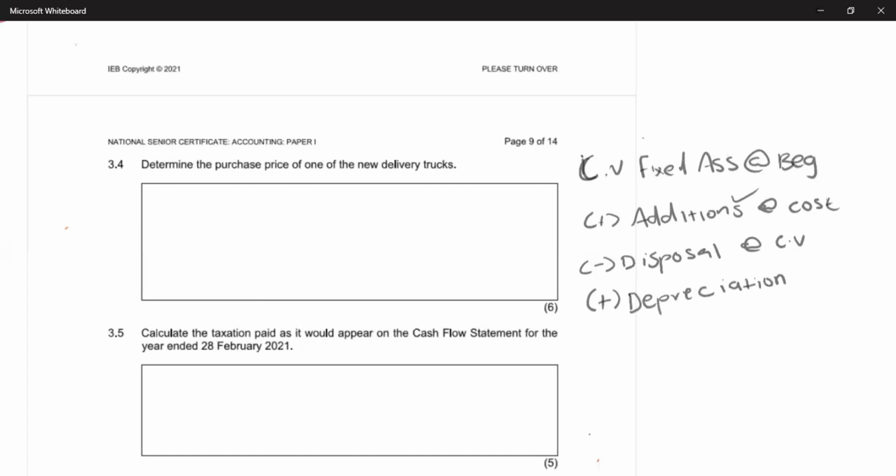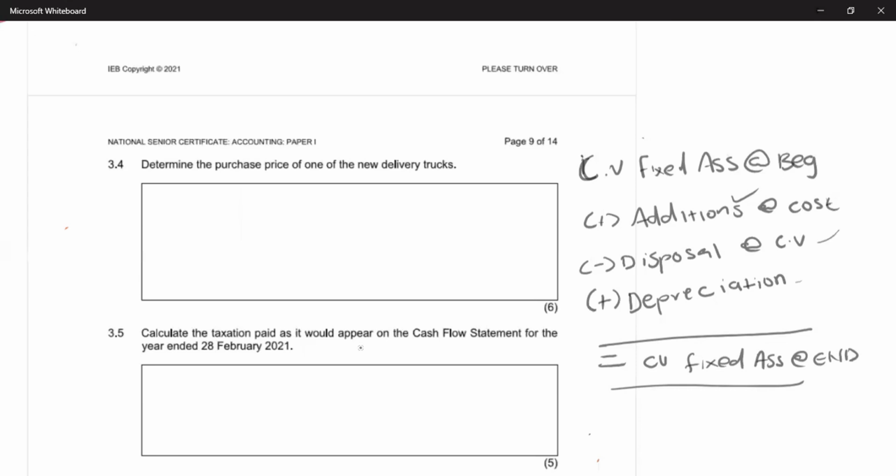And lastly, this is going to equal my carrying value of my fixed asset at the end. As I've mentioned, you're always going to make use of this formula whenever you're trying to calculate, just like in this instance, the purchase price of your new fixed asset or your proceeds from disposals. And sometimes, maybe, if they want you to calculate depreciation.